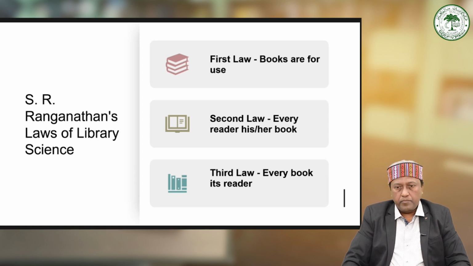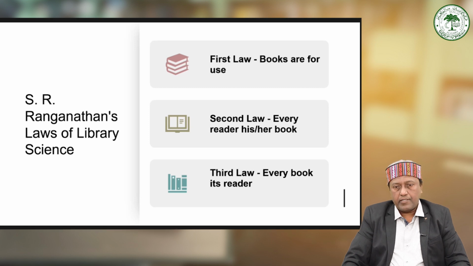So the first law, books are for use, where Ranganathan very clearly emphasized that the library's collection should be composed of materials that are useful and relevant to the readers of a particular library. When selecting documents, librarians must consider both the current and future needs of the user.